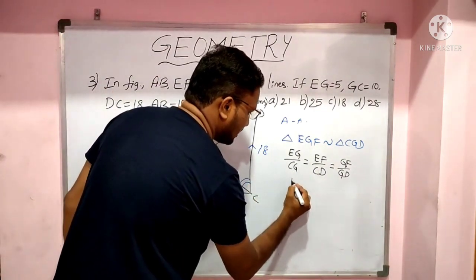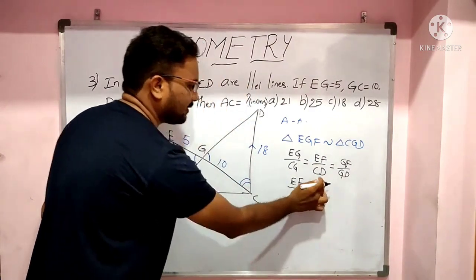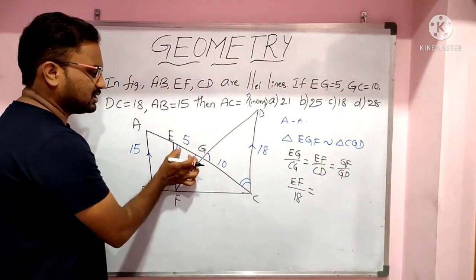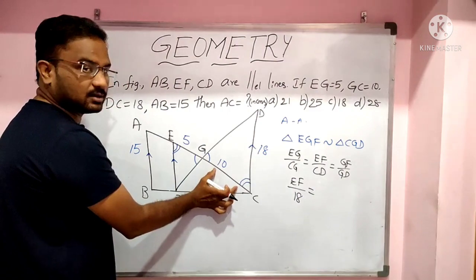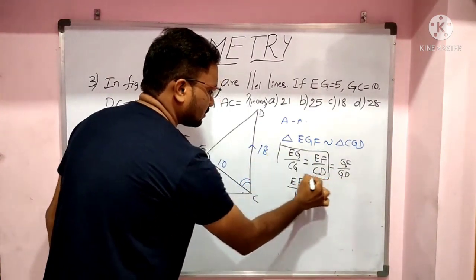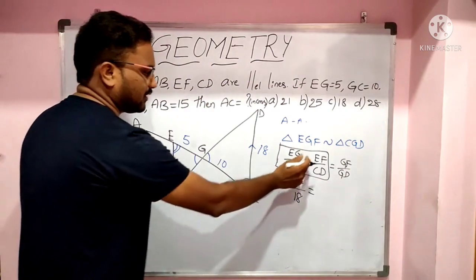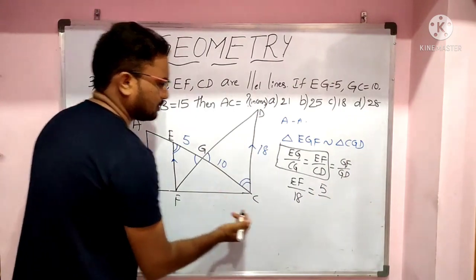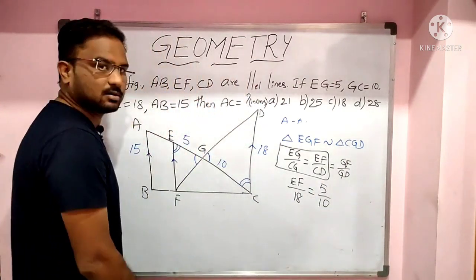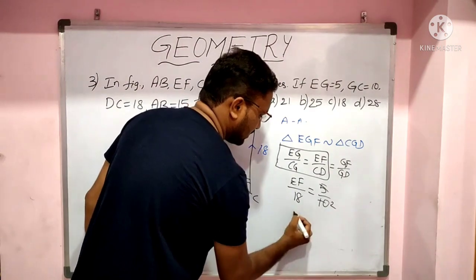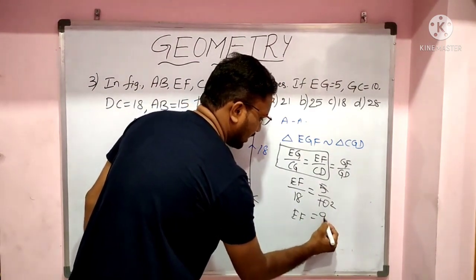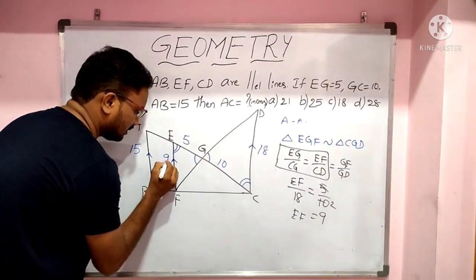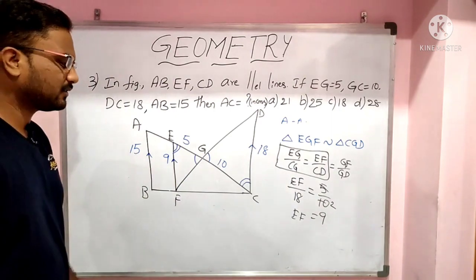So EF by CD, CD value is 18, is equal to EG by CG. EG value is 5, CG value is 10. So 5 ones are 5, 5 twos are 10. So EF equals 18 by 2, 9. So this length is 9. We got EF equal to 9.